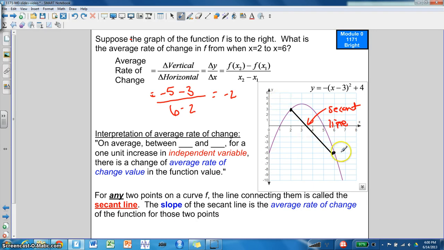The slope of that secant line is just our average rate of change. There are a couple problems that do talk about this, so please feel free to reference this, and stay tuned for quadratic functions.